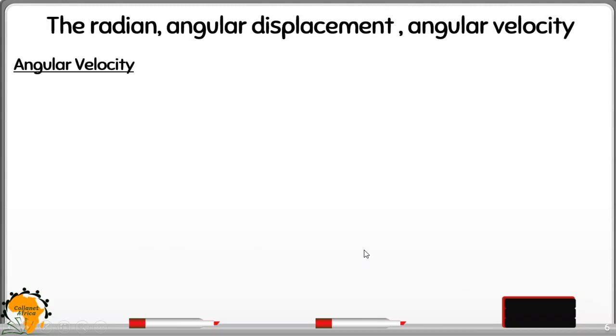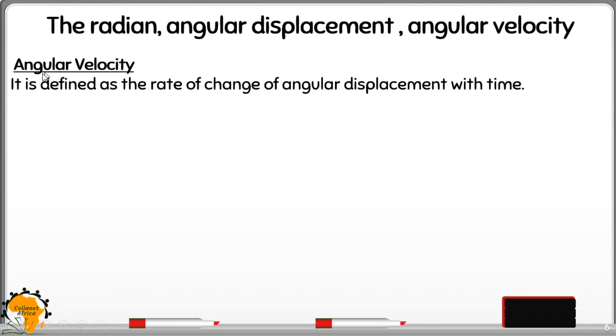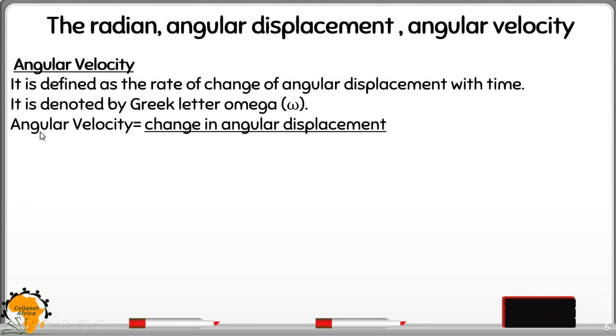Then we move to angular velocity. This one is the rate of change of angular displacement with time. Remember, whenever we talk of velocity, we have to talk of displacement and time. So mathematically, we say that angular velocity is equal to change in angular displacement over change in time. This is denoted by the Greek letter omega.